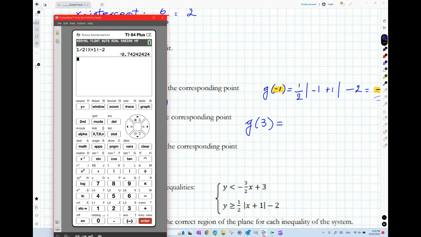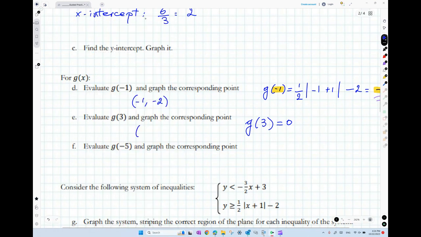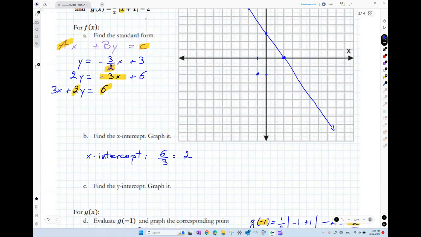Now, don't mind this value here. I'm going to define 3. I'm going to store it using this button right here into x. I press enter to validate, scroll up, and when I press enter again, I've got 0. So the data point would be 3, 0, right here.